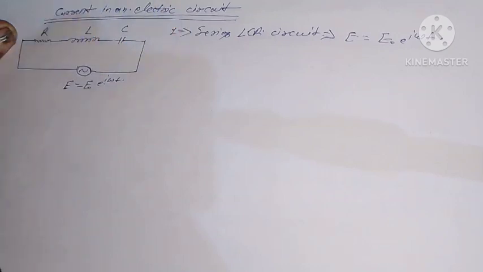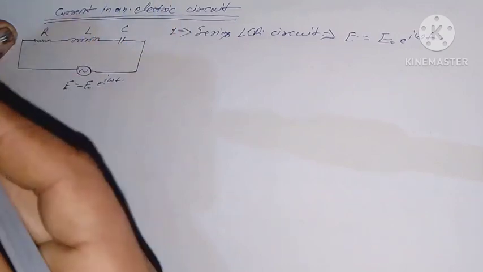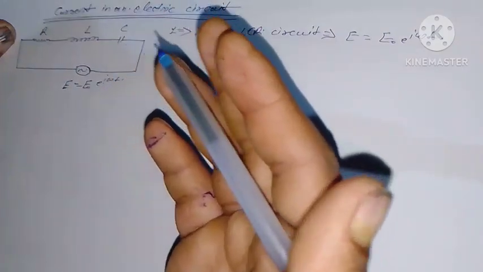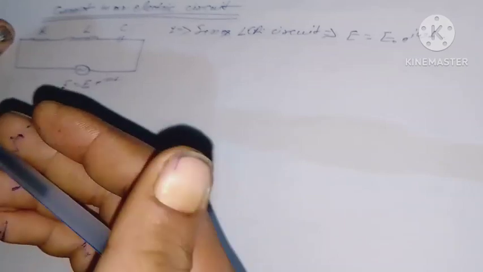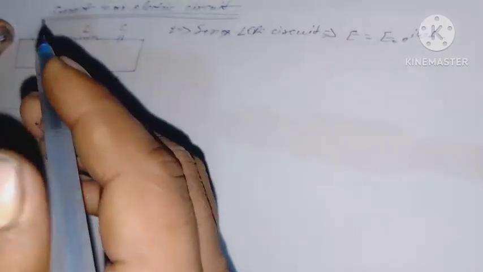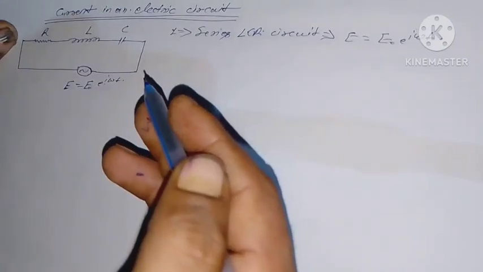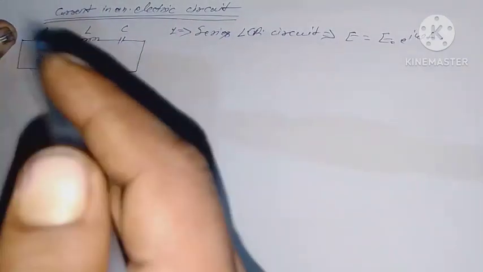Such a circuit behaves as a driven oscillator. The loss of energy in the resistance is compensated by the supply of energy from the AC source, just as the loss of energy due to friction in a mechanical driven oscillator is compensated by the driving force.